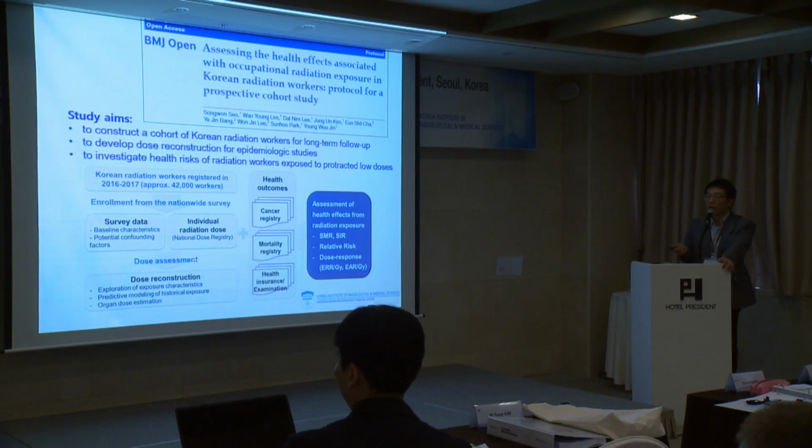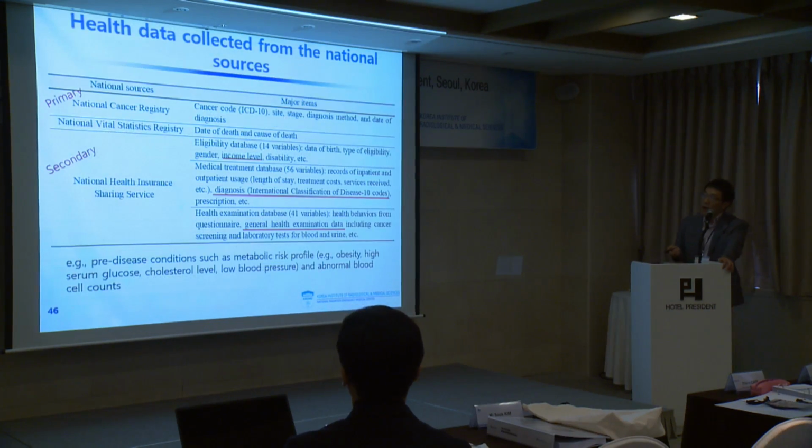And then we are going to do dose reconstruction, link the health outcomes, and do the health risk assessment. In terms of health data, there are several types of data we are considering in this study.